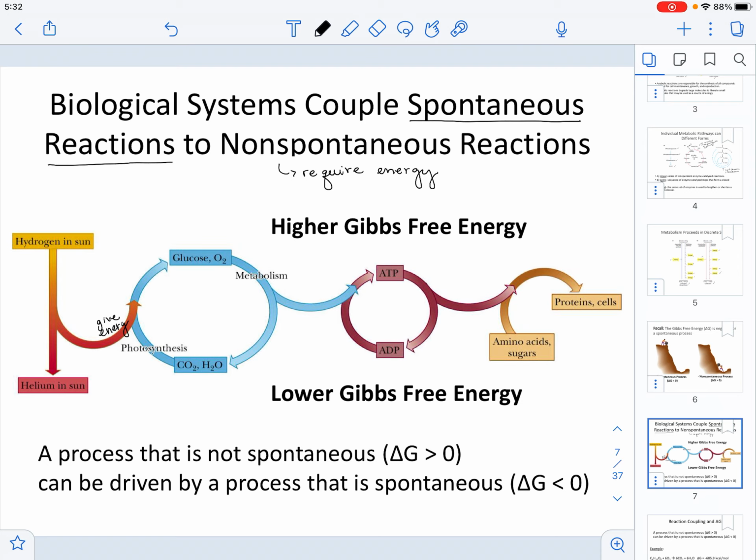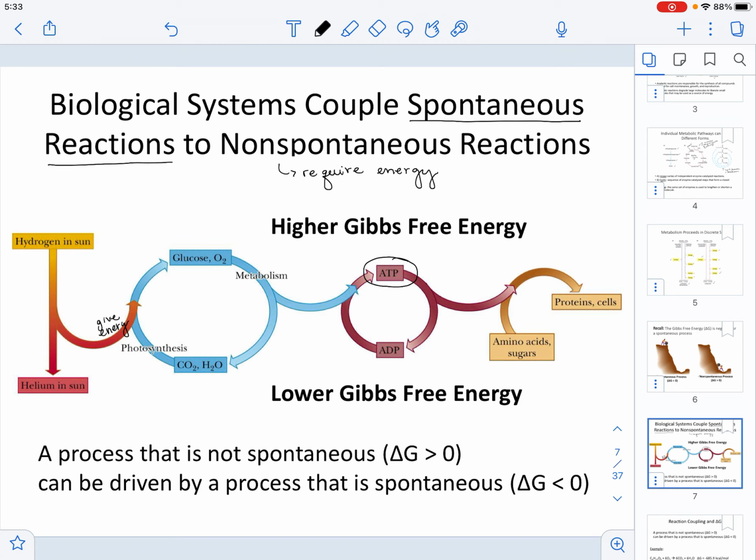And as you can see, when that energy is coupled with CO2 and water, plants can produce glucose and oxygen. That glucose and that oxygen, through the process of metabolism, can generate a molecule that is the energy currency of the cell, adenosine triphosphate.